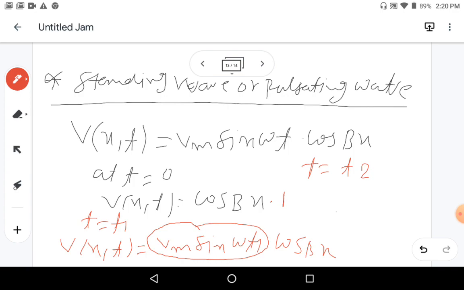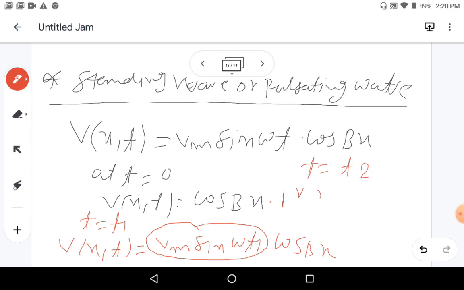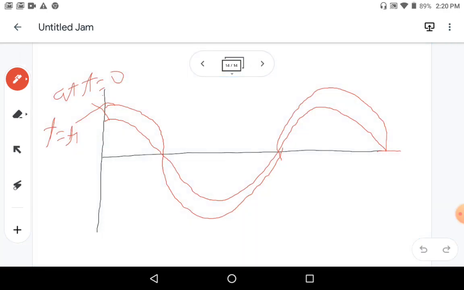Again at t equals t2, v of x,t equals Vm sine of omega t2 cos of beta x. Again the magnitude is higher, so the next curve becomes here.